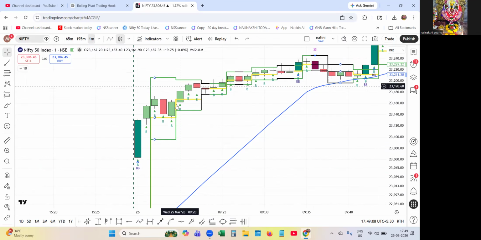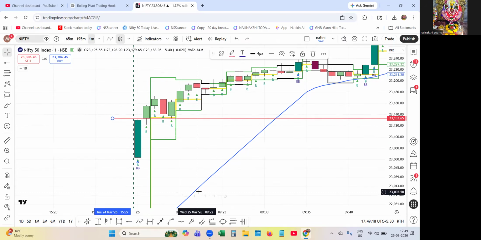It is forming a box. This yellow is the pivot. Everything is green in 1 minute. Visually, you know that it is positive. Even on 1 minute, it is positive.